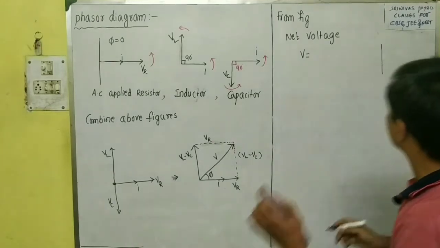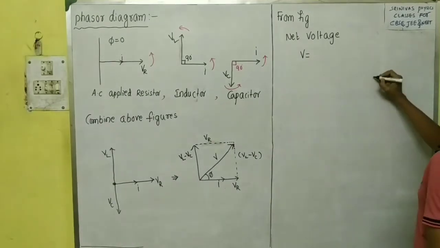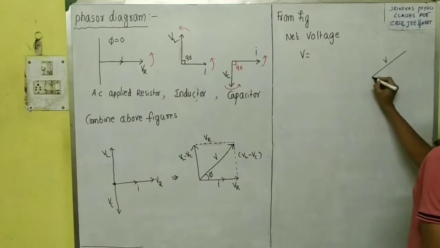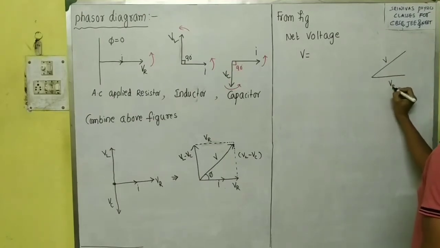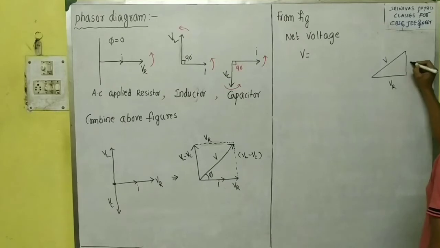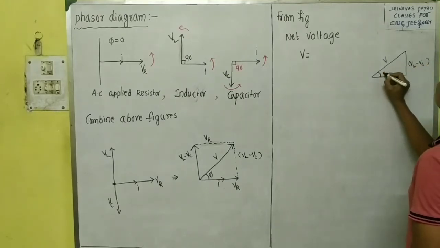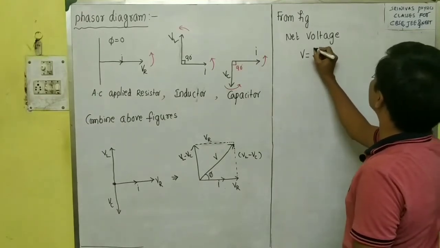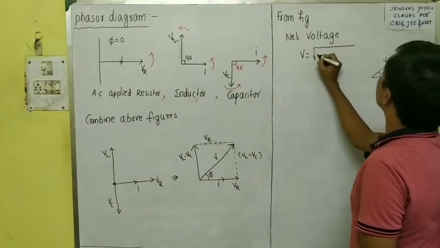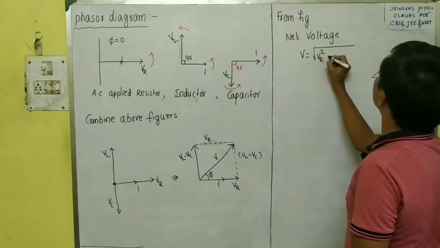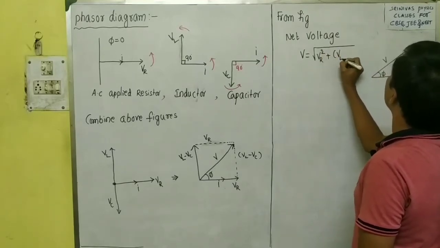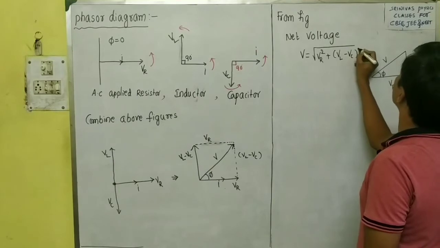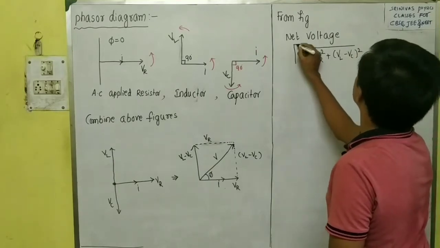You see here, this is V and this is VR and this is VL minus VC, right? This angle is phi. You can apply the Pythagoras principle, or the vector law, anything. Then you will get V equals the square root of VR square plus VL minus VC whole square, right?